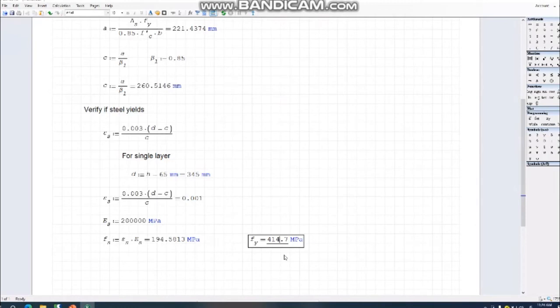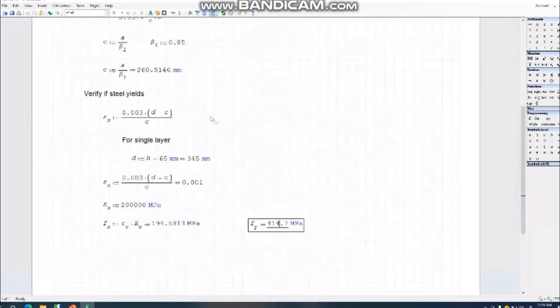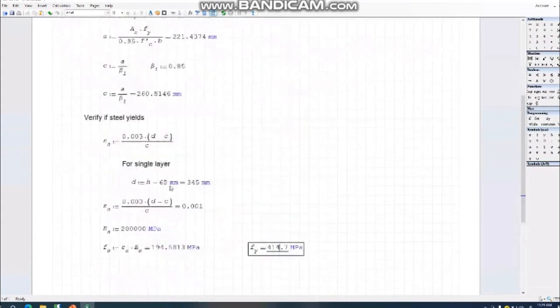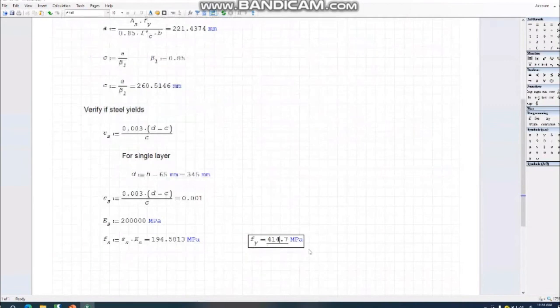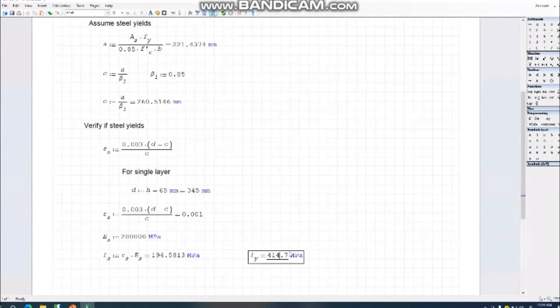However, in this case, based on our initial calculation, we assumed that our steel yields, therefore our Fs should be greater than Fy. But in this case, our Fs is less than 414.7 MPa. Therefore, our assumption is wrong. This is way below 414.7. Therefore, steel does not yield.